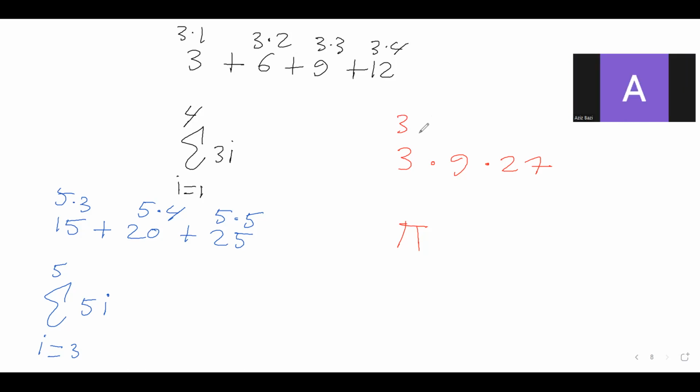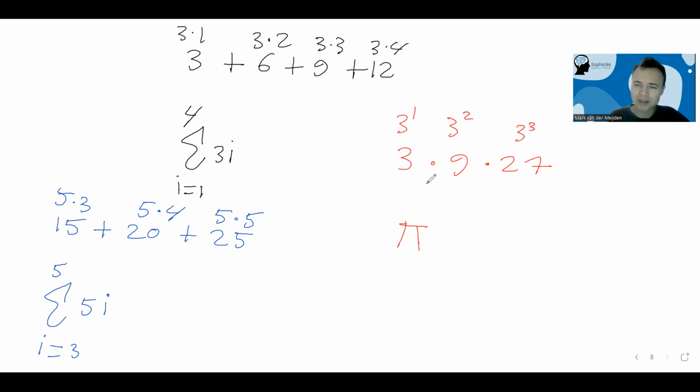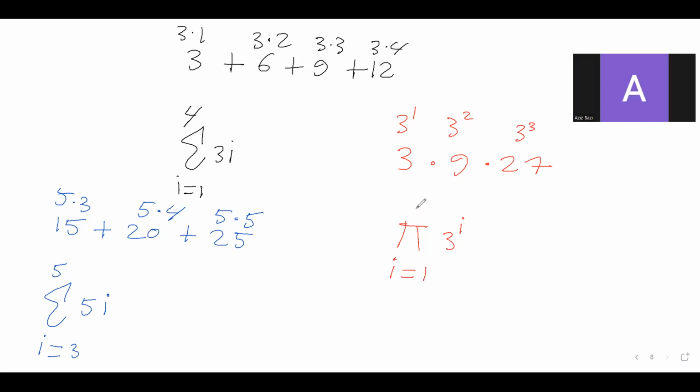Yeah. So 3 times i, you say. That's not correct. I'll give you a hint. 3 with the power of 1. 3 with the power of 2. 3 with the power of 3. Do you agree with that? Oh, yeah. So what is the expression? 3 and then the thing above. Yes, 3 with the power of i. What is the starting value for i? 1. And the ending value? 3. Very good.